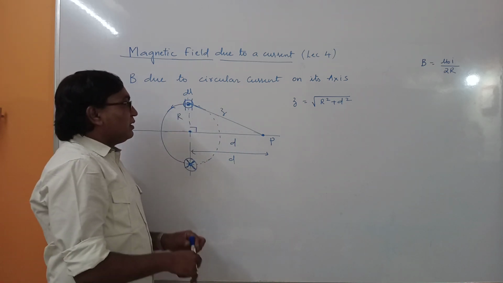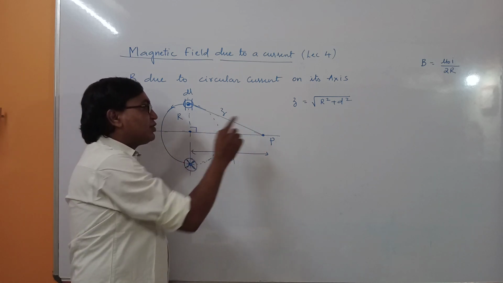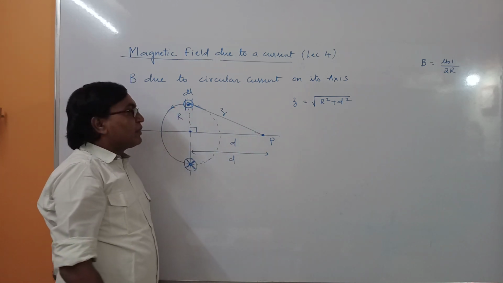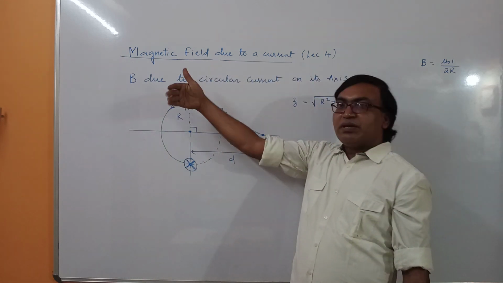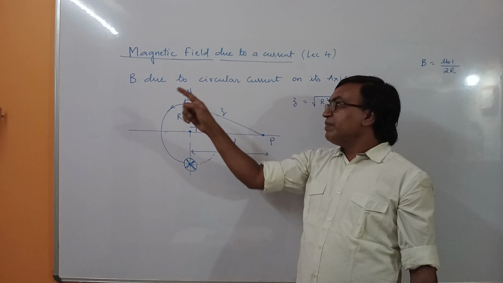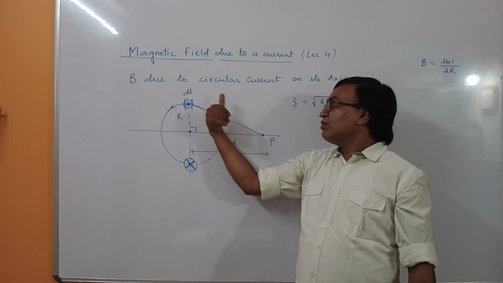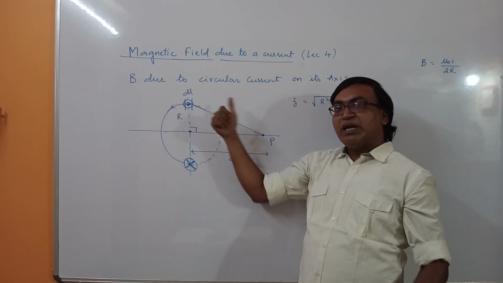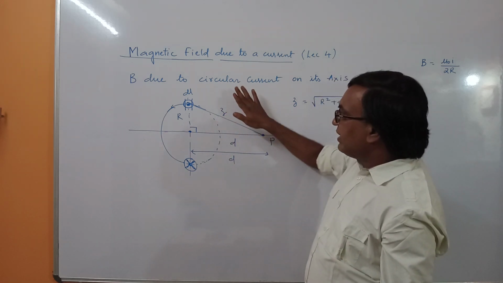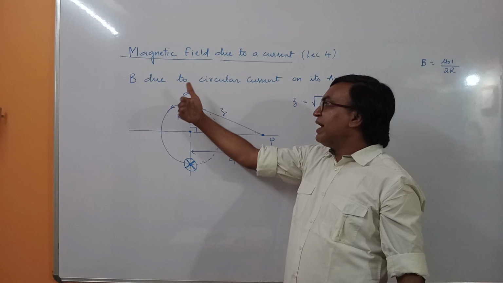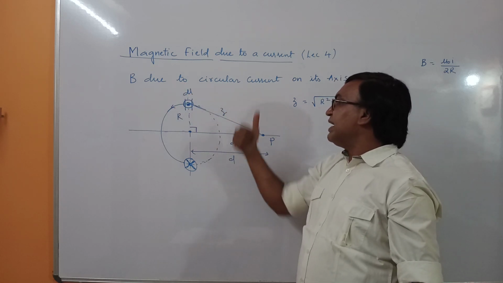Then the direction of the field at this point due to this small element. Here the current is coming outside the board, and we have to curl our fingers towards Z. By the vector product, the magnetic field will lie in this plane along this direction.